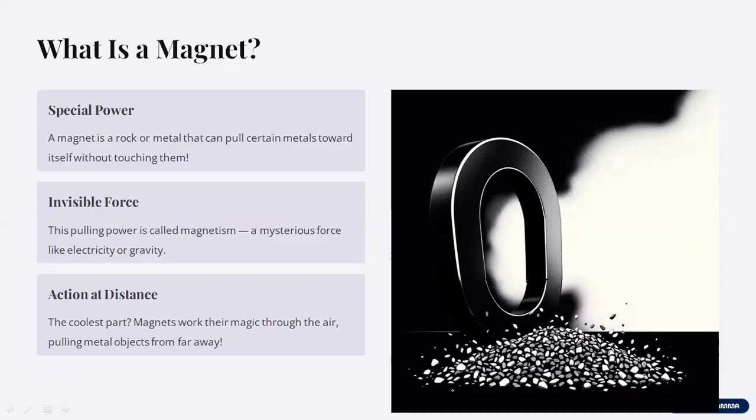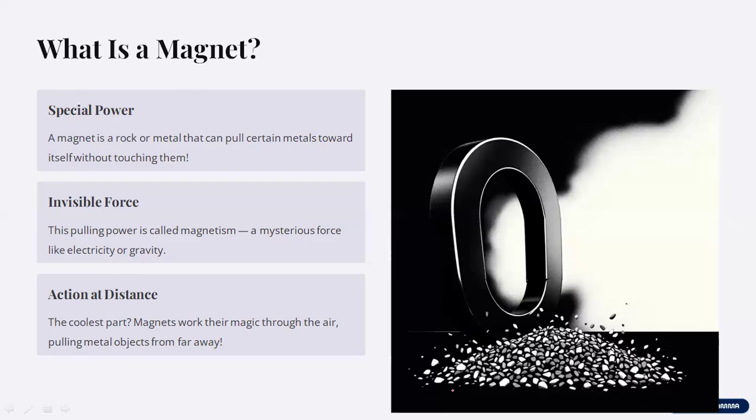Now we have a table, a chair, a pen, but they are not able to attract anything. But this very small piece is able to strongly attract some pins and items of iron or something like that, right? So that means this piece of material has a special power.